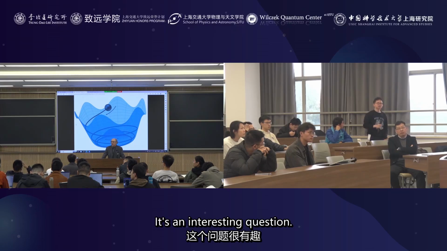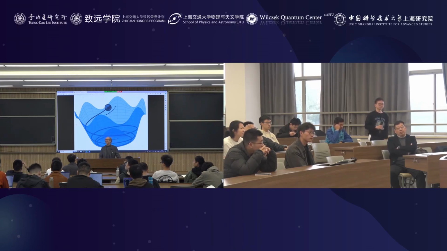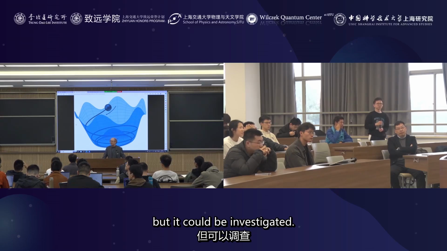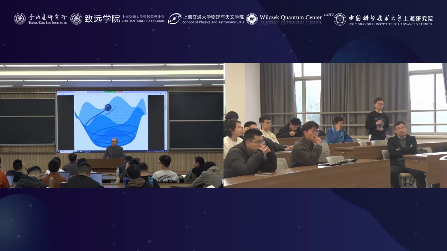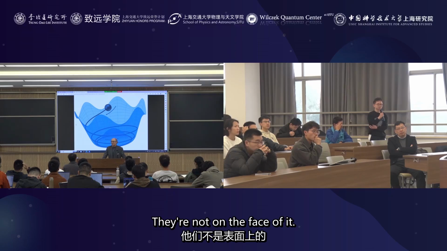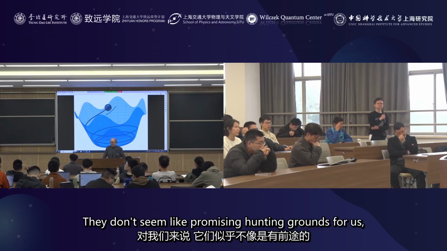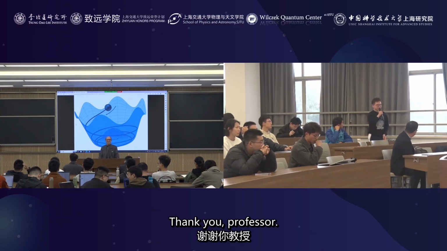It's an interesting question. I don't think so, but it could be an interesting thing to investigate carefully. I mean, those events are so complicated; on the face of it, they don't seem like promising hunting grounds for weak interactions, but it's not entirely impossible, I guess. Okay, thank you, Professor.